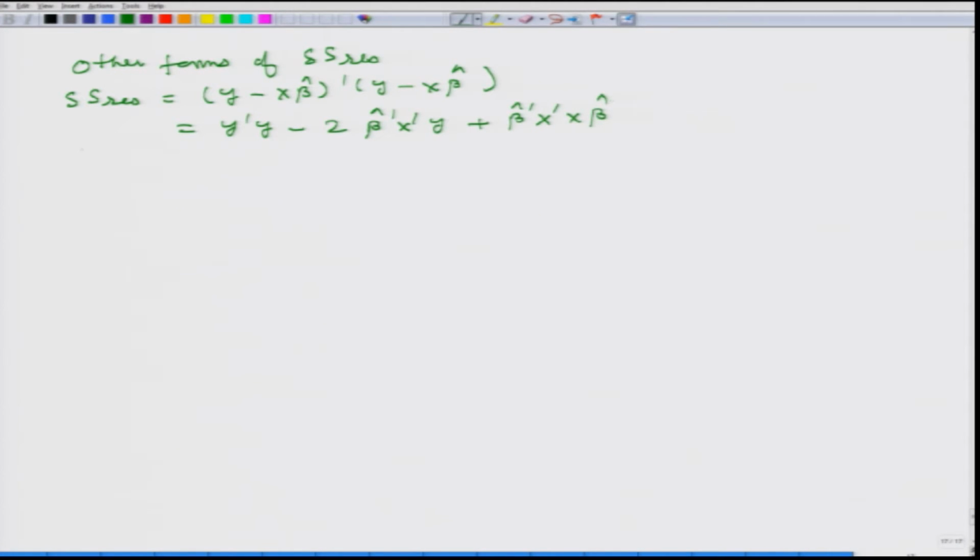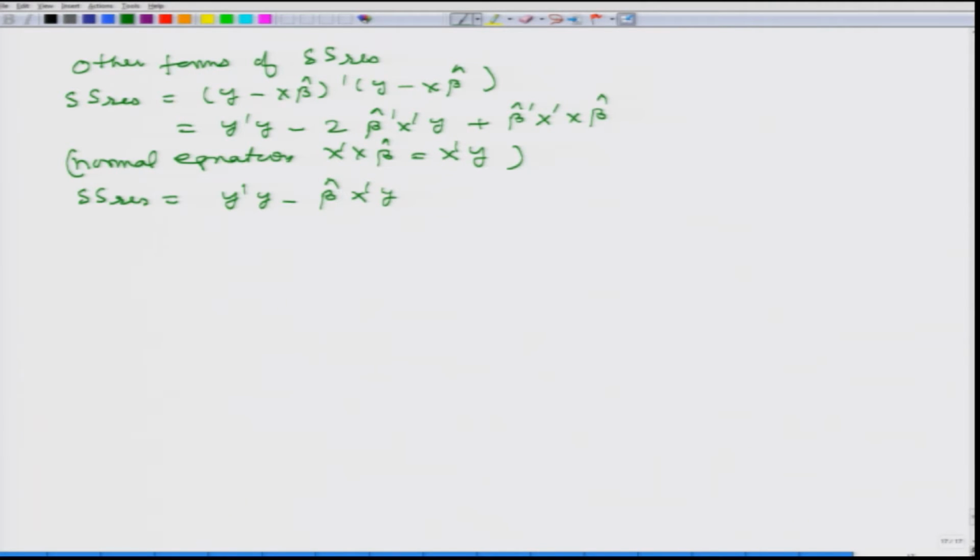Now, if you recall, we obtained the normal equation x transpose x beta hat equal to x transpose y. Using it, the sum of squares due to residuals can be written as y transpose y minus beta hat transpose x transpose y, right.